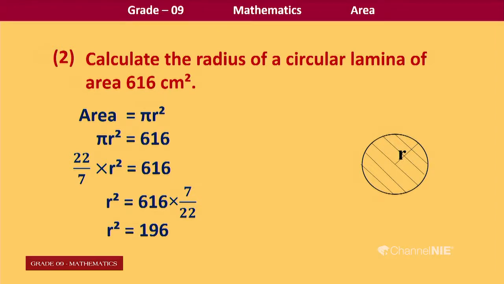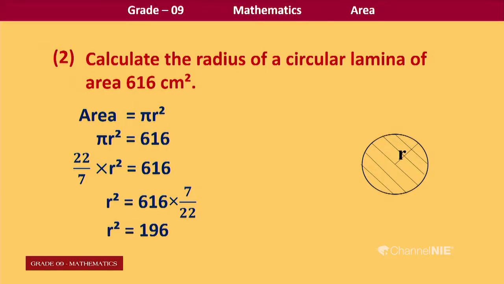How many 11s in 22? 2. How many 11s in 61? 5. 55. Remains 6. Then you have 66 over 11 means 6. 56 multiplied by 7 is 196. Now r squared is equal to 196.